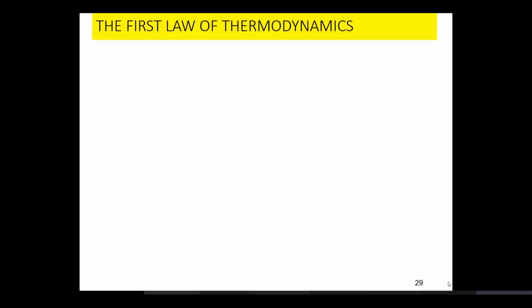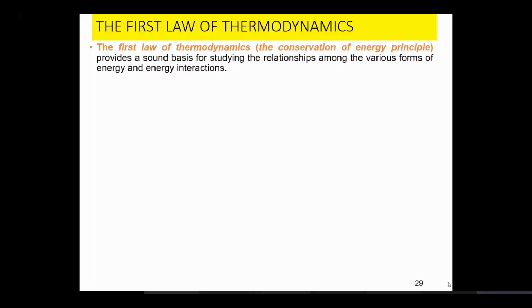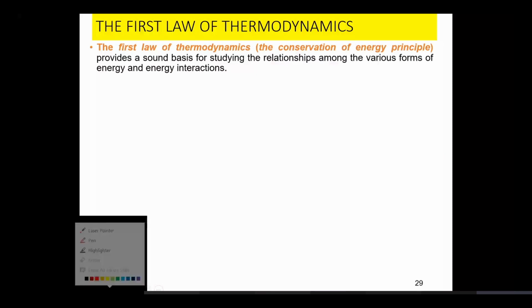Now, what we are trying to do in today's lecture is correlate the energy interactions and the energy of a system to develop an energy balance equation. The basis of this equation would essentially be the first law of thermodynamics. And what does the first law say? It says that it's the principle of conservation of energy.